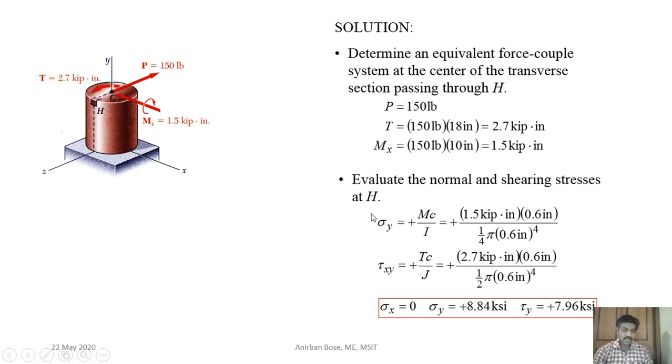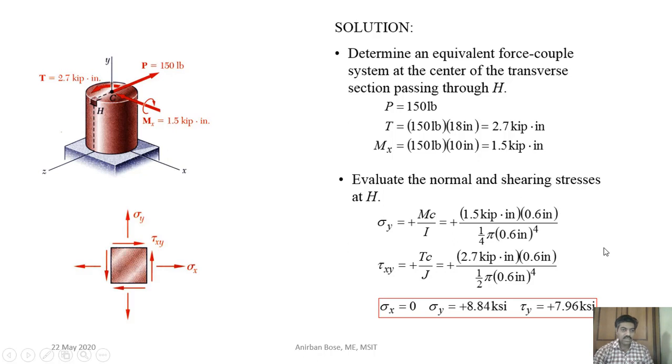In this way you can find out the normal stress because of bending and the shear stress because of torsion. So finally, sigma x is 0, sigma y is plus of this, and tau xy is 7.96.